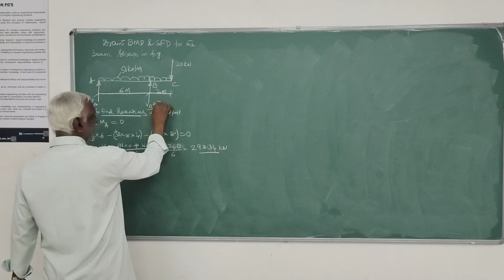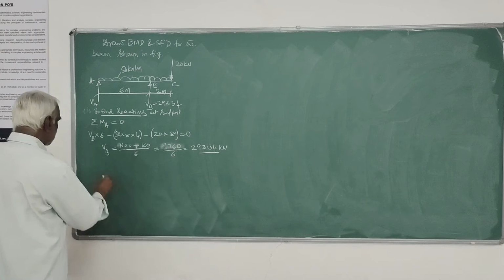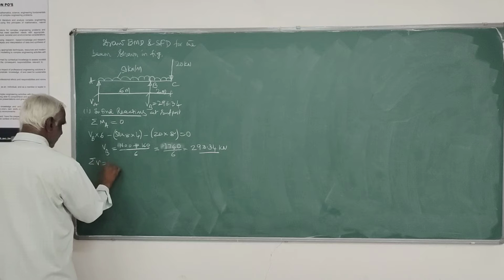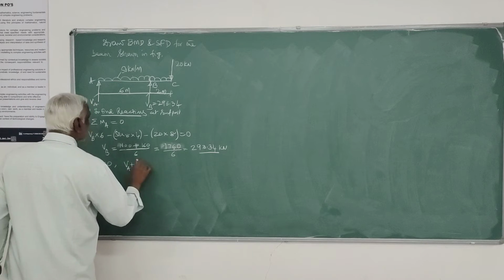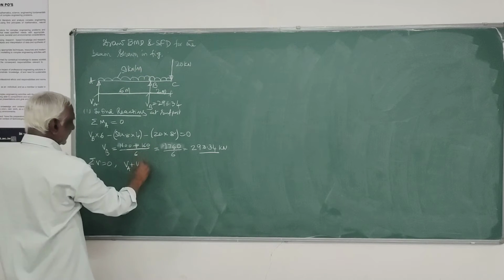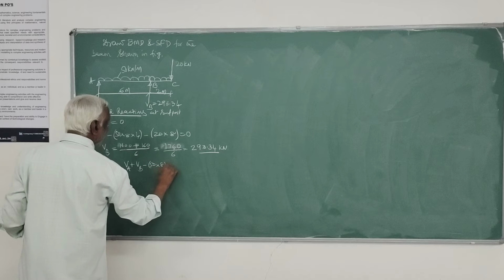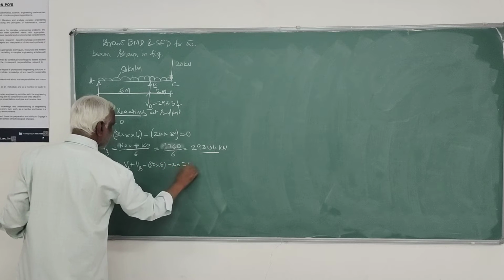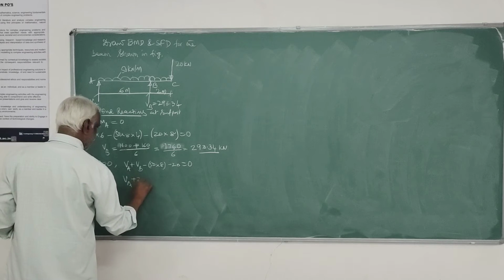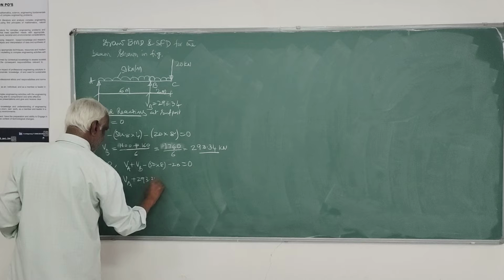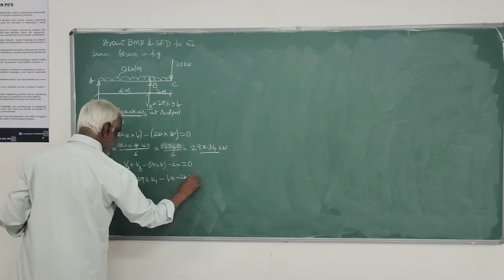Then you take sigma V equals 0. VA plus VB both acting up and that is acting down. VA plus 293.34 minus 50 into 8 minus 20 equals 0.